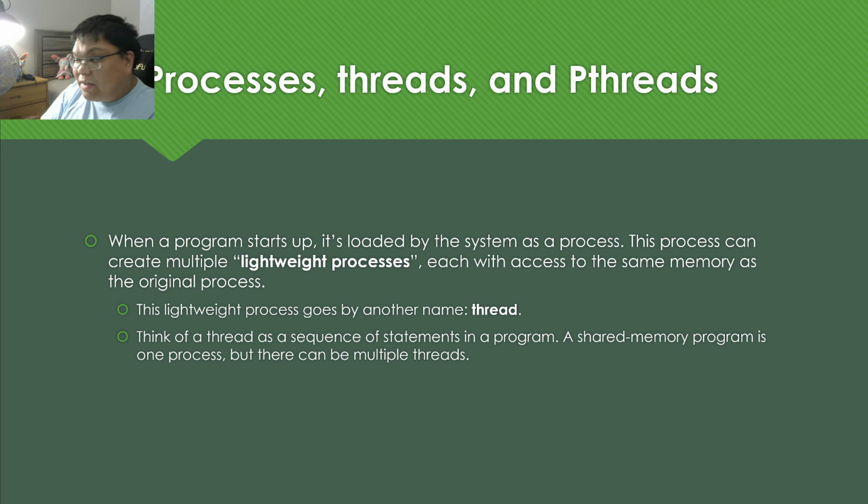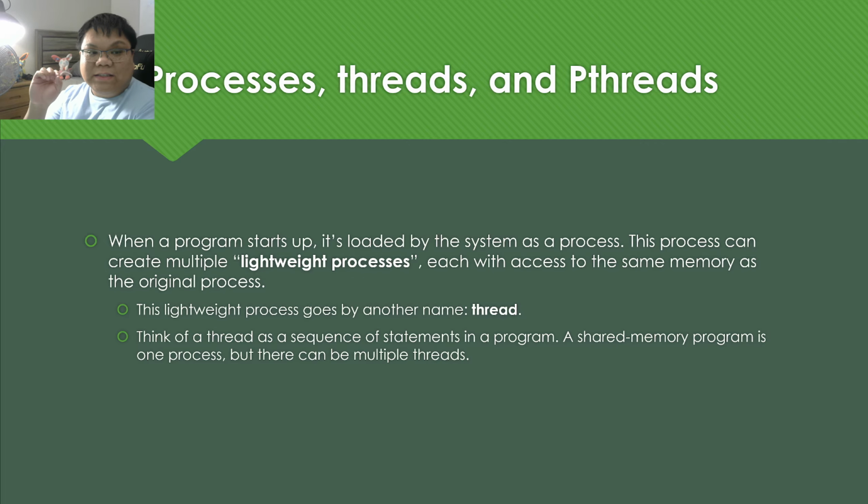It's loaded by the system as a process, and then this process can create multiple lightweight processes, or threads, each with access to the same memory as the original process. It's called a lightweight process because it has some of the same things as normal processes, but it has fewer things typically associated with processes.